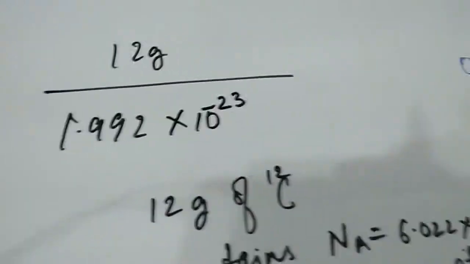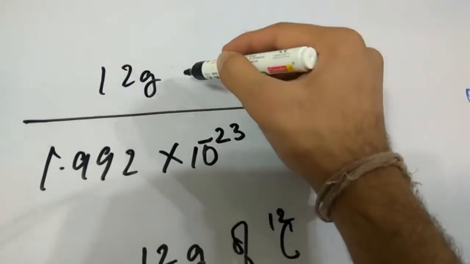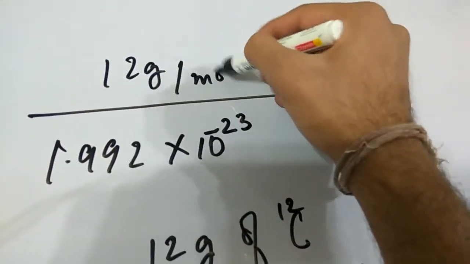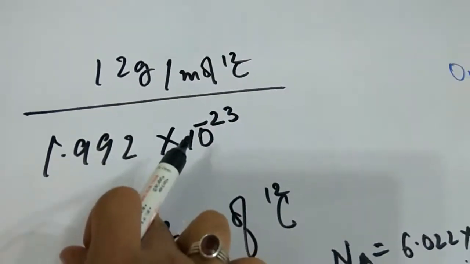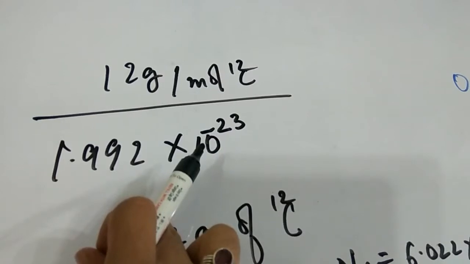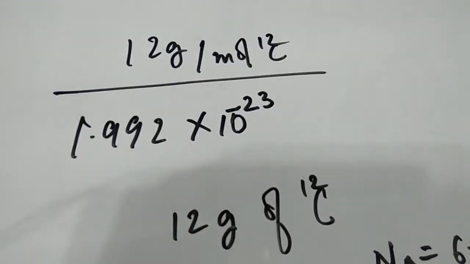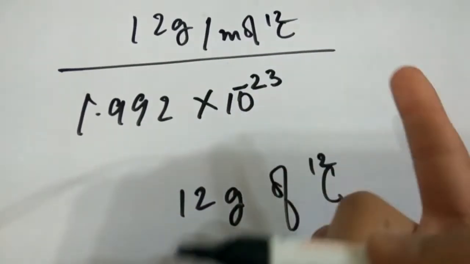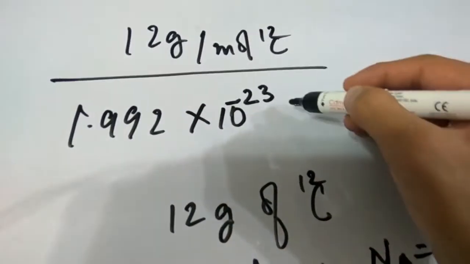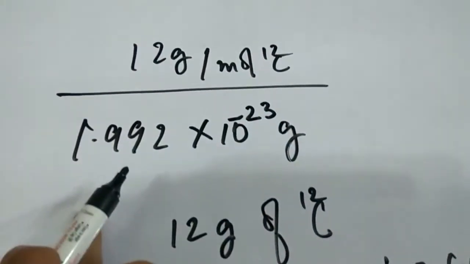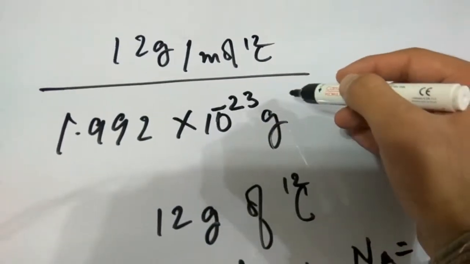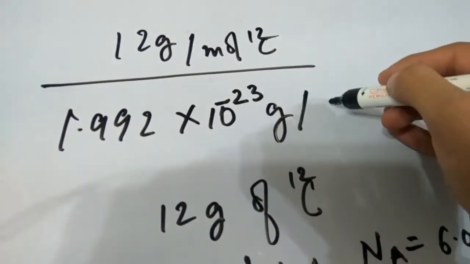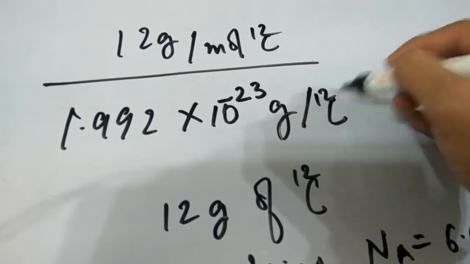Now it is said that there are 12 grams of carbon in 1 mole, so 12 gram per mole of carbon C12, and this is the mass of one atom of carbon. So we write this is also gram, 1.992 into 10 raised to power minus 23 gram per carbon 12 atom.